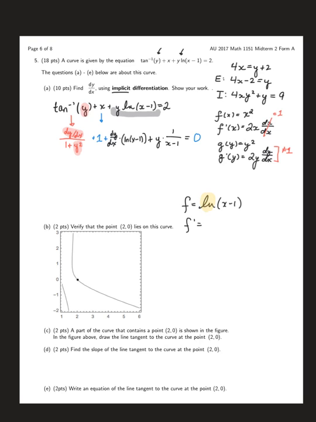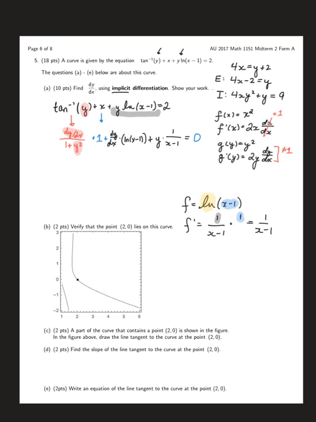So the derivative of the natural log function is 1 over the quantity, which is x minus 1, times the derivative of the quantity. So the derivative of x minus 1 in this case would just be 1. Okay? So that's just equal to 1 over x minus 1.